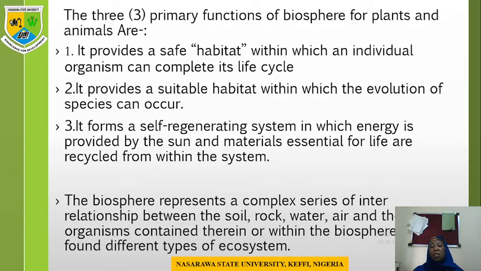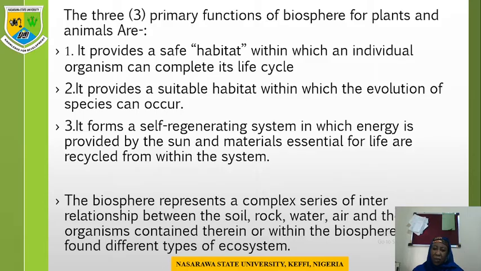It is being exchanged between animals and plants: animals take in oxygen and bring out carbon dioxide, and the plants take in carbon dioxide and bring out oxygen. So these are part of the materials that are recycled within the system. And also the water cycle is recycled within the system.